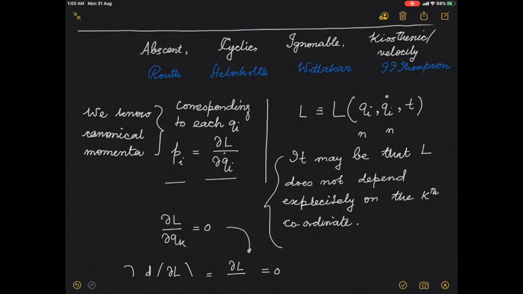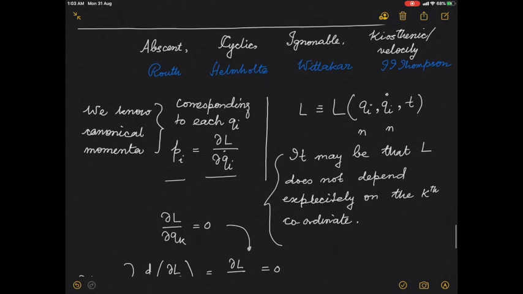I'll not tell you why it is called a cyclic coordinate, so you can try to figure it out. If you figure it out, then you will understand part of how you integrate the Euler-Lagrange equations. But let me not tell you why it is cyclic right now. As I said, I'll tell you part of the answers.